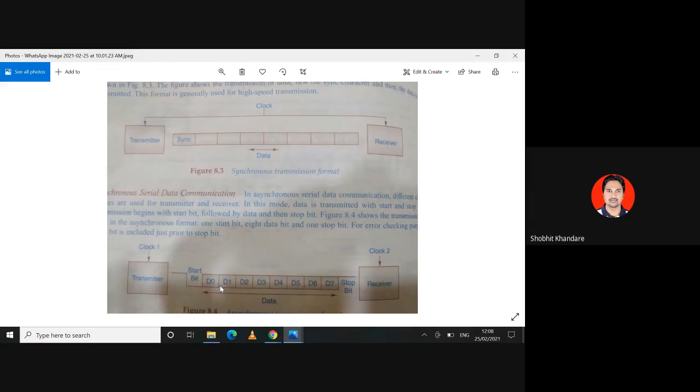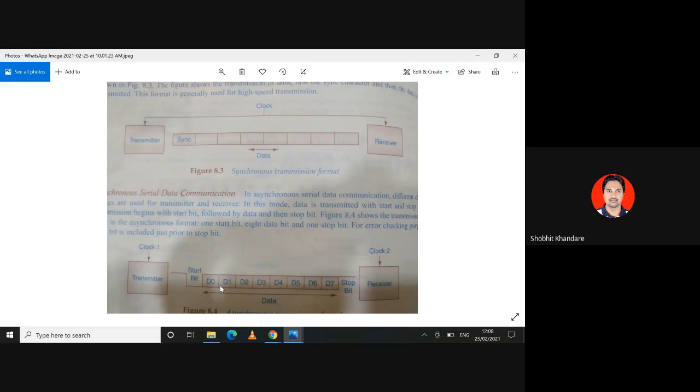In asynchronous transmission, baud rate is not applicable because each byte is preceded by a start bit and followed by parity and stop bit.